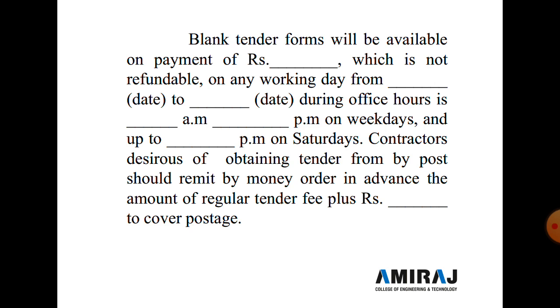A contractor desirous of obtaining the tender form by post should remit by money order in advance the amount of the regular tender fees plus some amount for cover postage.